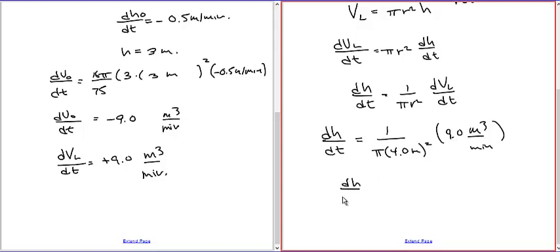And so dH/dt is equal to plus 0.18 meters per minute. Okay, I think that's right.